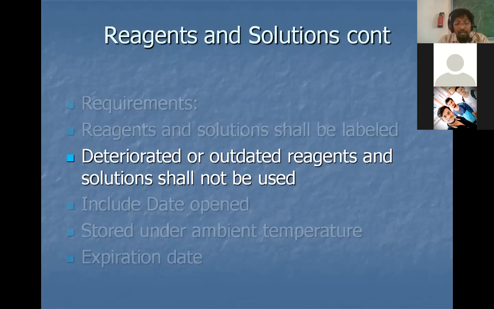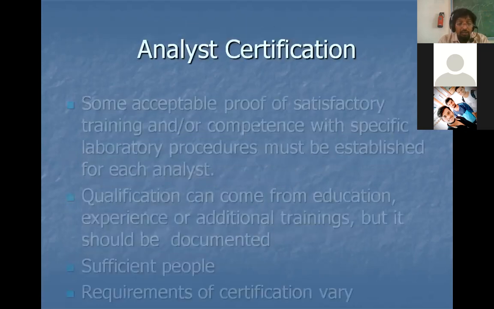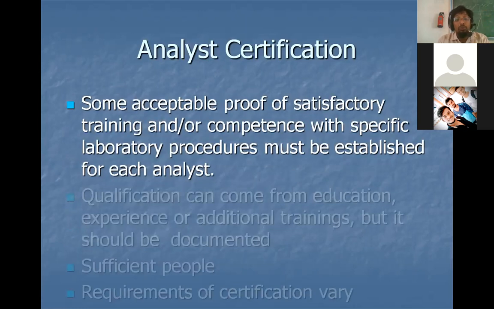The date opened should be included, stored under ambient temperature, and the expiry date should also be noted. Analytical certification: some acceptable proof of satisfactory training or competence with the specific laboratory procedures must be established for each analyst.